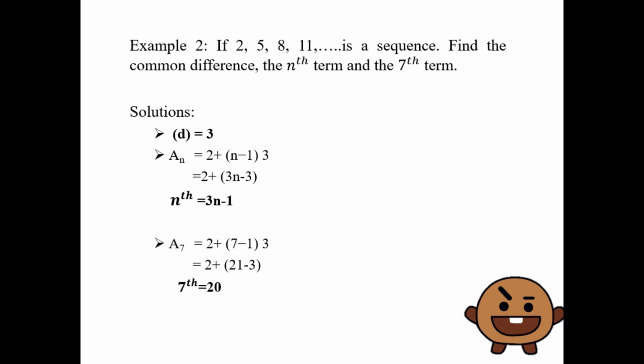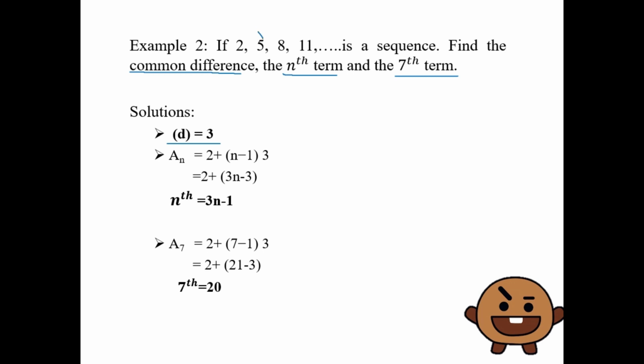If 2, 5, 8, 11, and so on is a sequence, find the common difference, the nth term, and the seventh term. So we are looking for the value of d, the value of the nth term, and then the seventh term. For the solution, the answer for d is equal to 3. Sir, how did we get d is equal to 3?